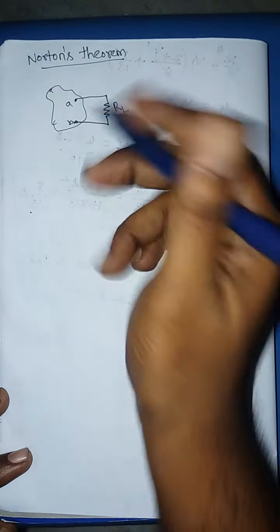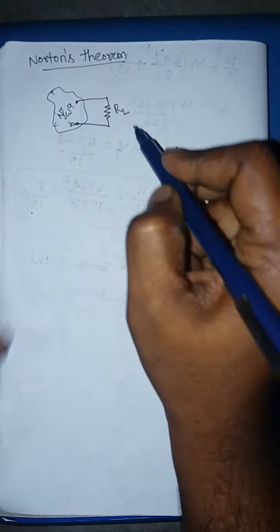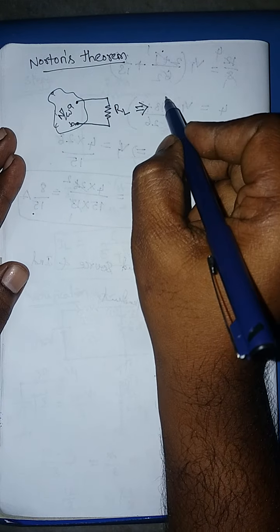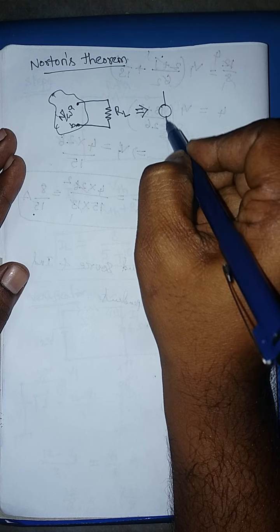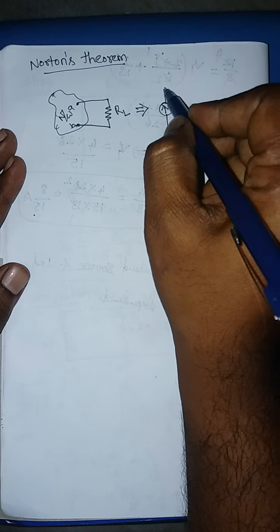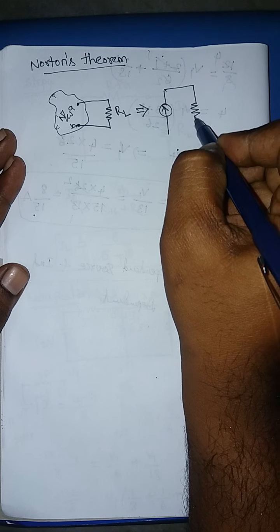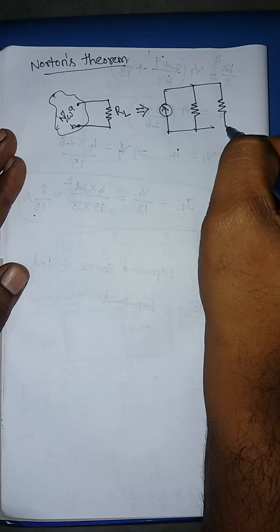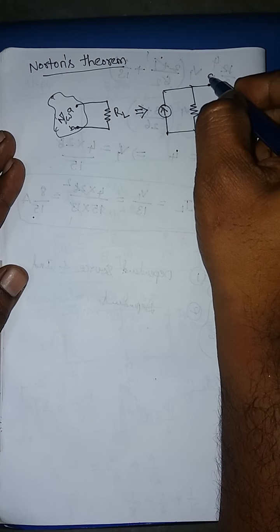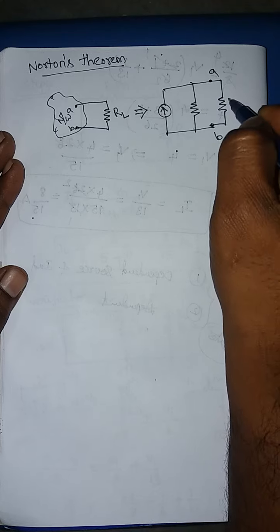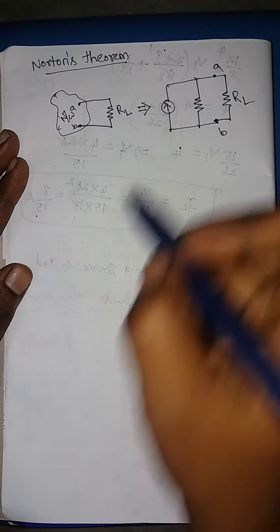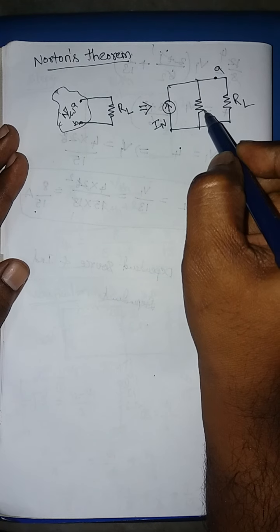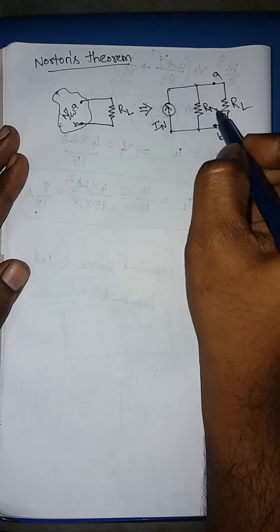Now, this network can be replaced by a single current source in parallel with a single resistance across the load. That means these two are load terminals. The single current source is called Norton's current, and the single resistance is called Norton's resistance.